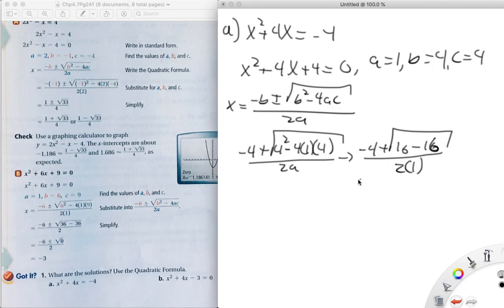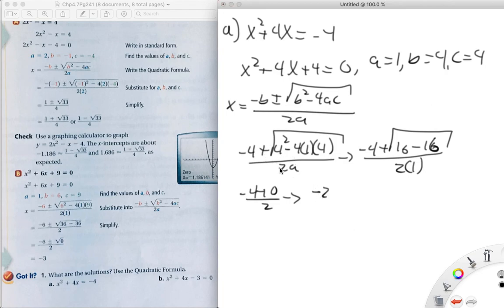How neat. So that's going to be 0, right? So that's going to be negative 4 plus 0 over 2, which gives me negative 2.